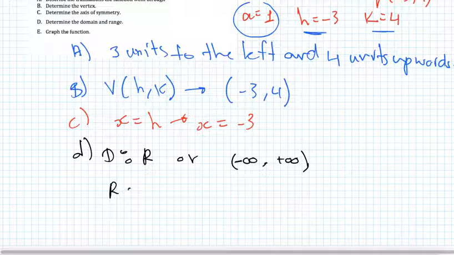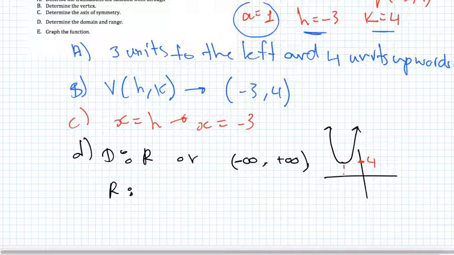The range, though, has to start from a certain point to infinity, or from negative infinity to that point. And as you know, when we're looking at the range, we're thinking about the y-axis. In this case, our vertex is minus 3 and 4, so it's somewhere here. This point on the y-axis is 4, and this point on the x-axis here is negative 3.